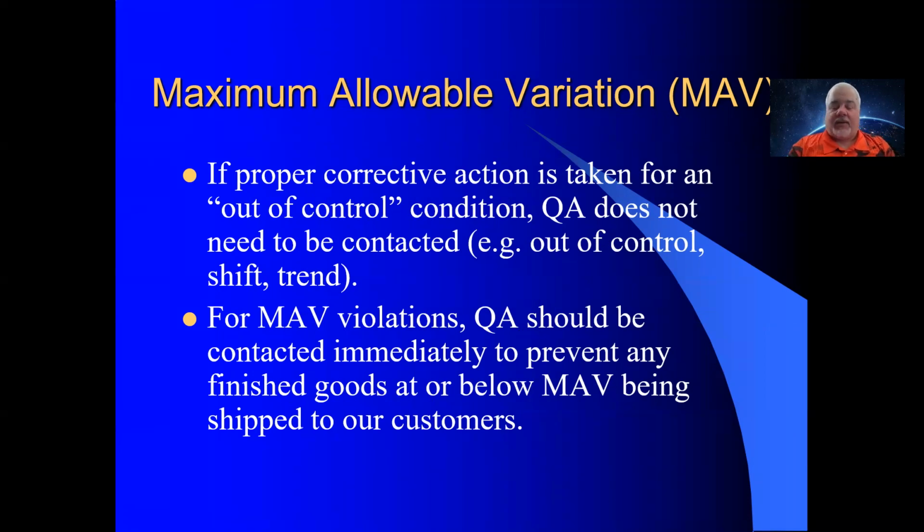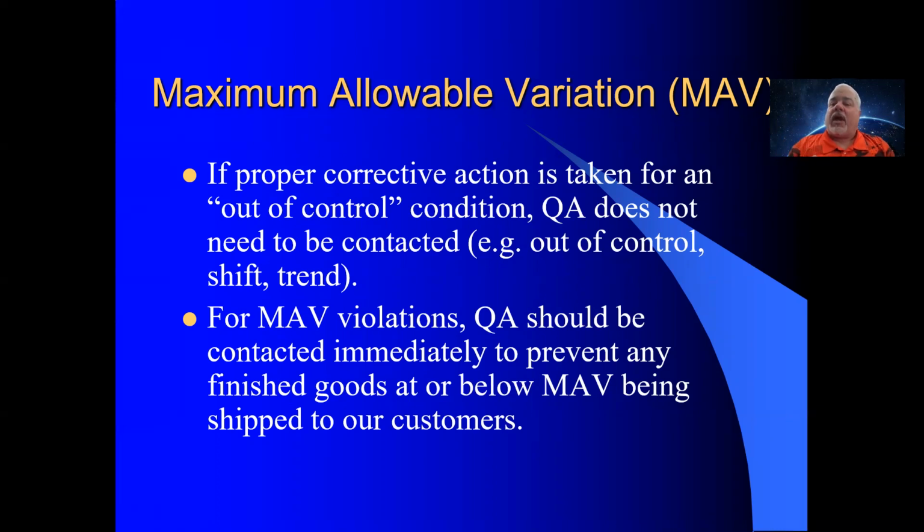You don't have to memorize that slide right here for the test, but it certainly is important to know who responds, who does what. Quality assurance team members are looking at raw product coming in. They're looking at sampling. The quality assurance shift lead person has to be notified if there's any potential MAV violation.